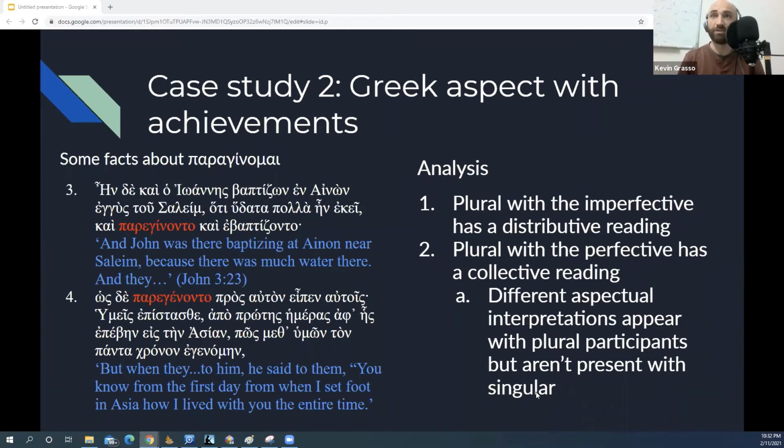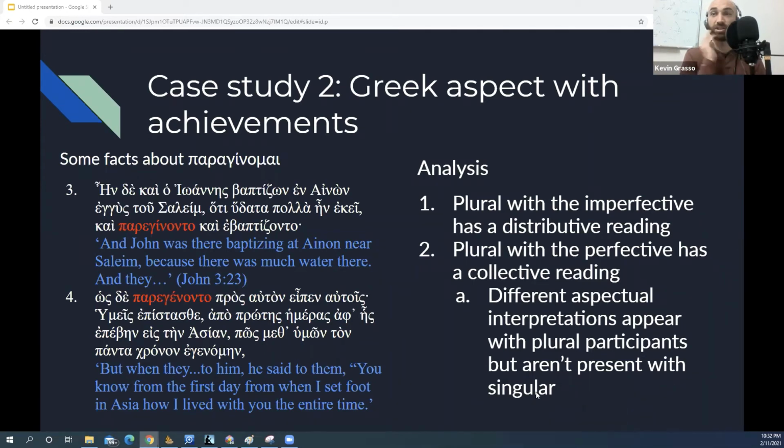So if you are thinking about this logically, you should question me, right? And say, well, Kevin, actually 3 doesn't prove that, or 4 doesn't prove that you don't have this iterative reading with the aorist. It just proves that you do have a collective reading, right? And so this is something that you would have to check, and that I honestly didn't check.